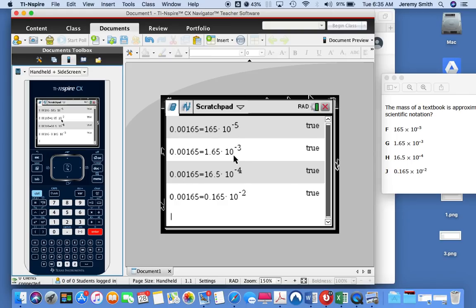So that's what I'm saying. A lot of times, it may say two of the answers are true. But then you have to go back to your conceptual thinking of scientific notation and realize, okay, the coefficient must be between 1 and 10. So I know A, C, and D don't work. The other thing I want you to pinpoint is that I'm doing the standard in comparison to the scientific notation.